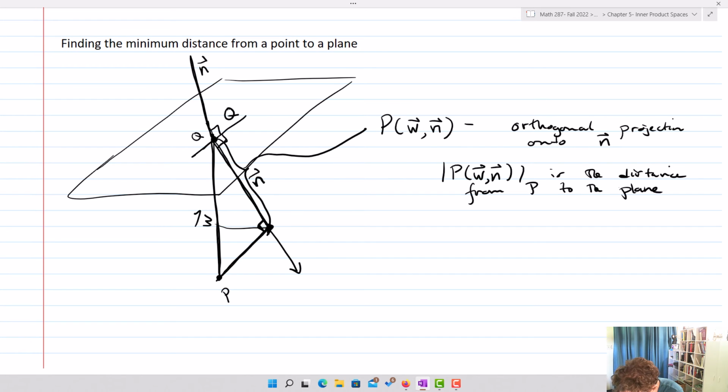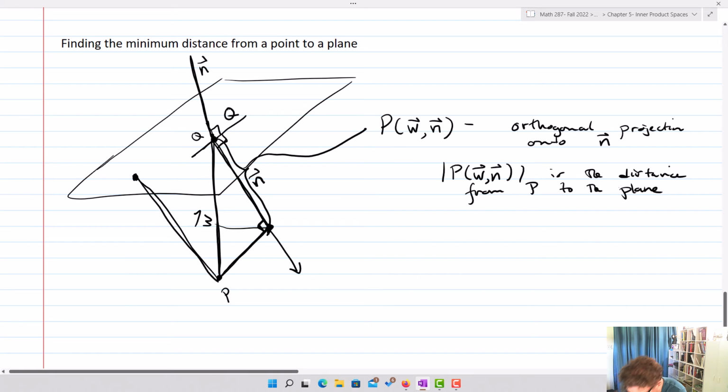Essentially, that N vector runs parallel to another orthogonal vector, so that's the perpendicular distance from the plane to P. That's the shortest distance.